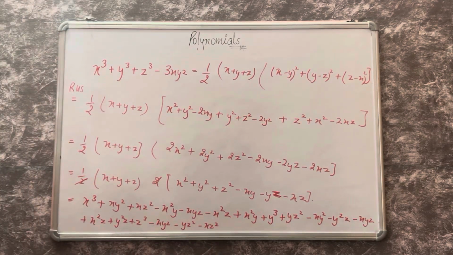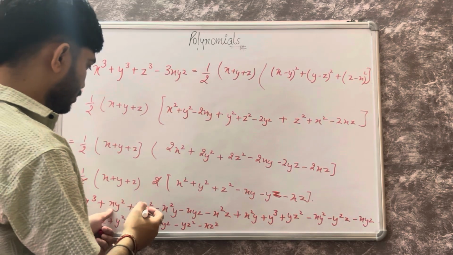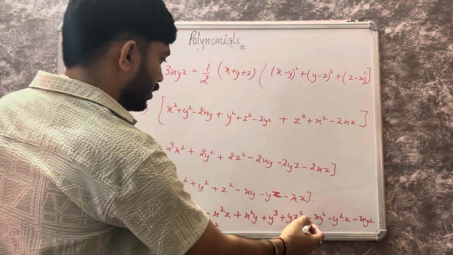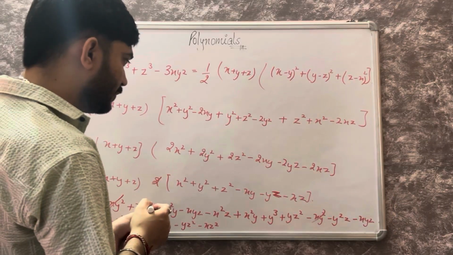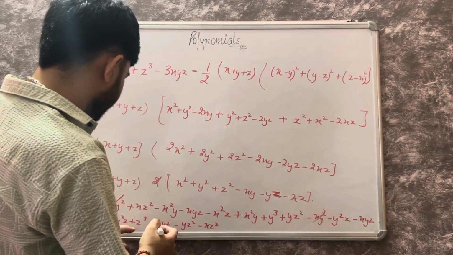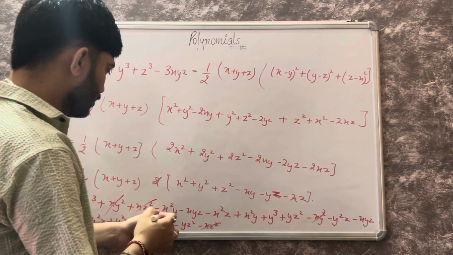Now look here, you can subtract all the values, and let us subtract it. Xy square, opposite sign, we are going to cut this. Xz square, opposite sign, cut this.